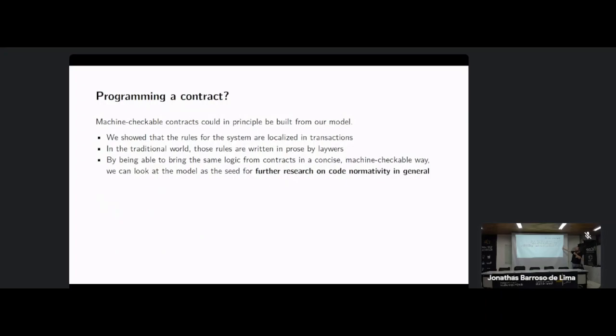So I think there's an interesting path here to do further research on what some researchers call code normativity, so law as code, right? There's a lot of work being done in smart contracts, but there's also work outside smart contracts, like legal text for immigration laws, for accounting laws as well.